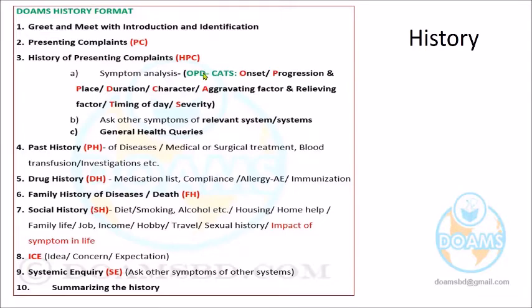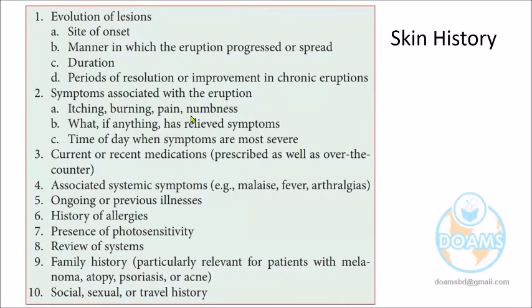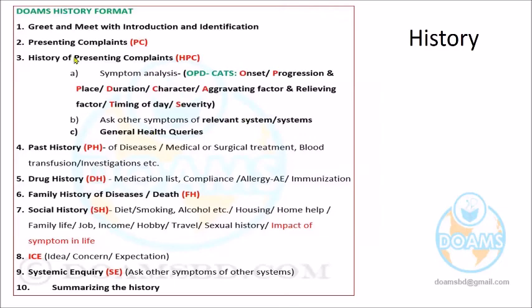So this is the history detail to know, and this is the main focus of history. I have told or shown you before, these are all the areas of any presentation and history taking detail here. You should not think there are very few points.